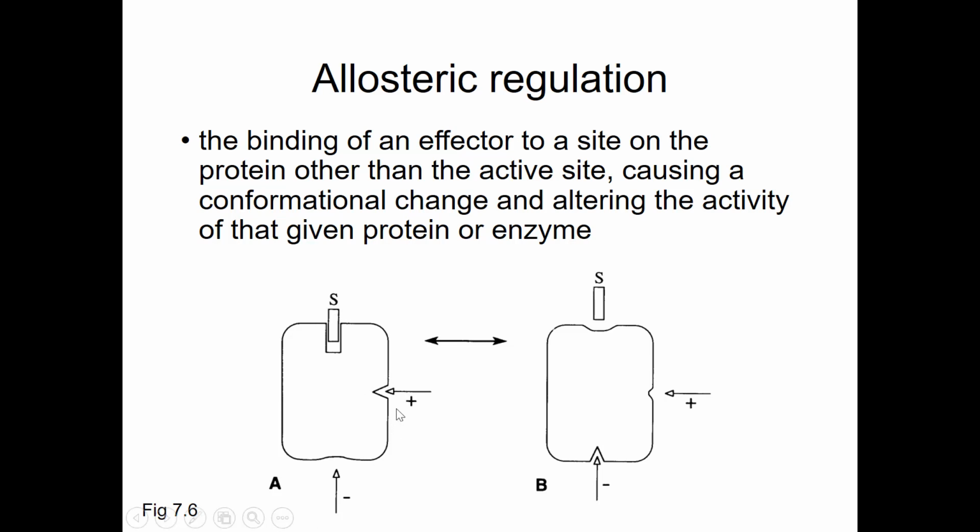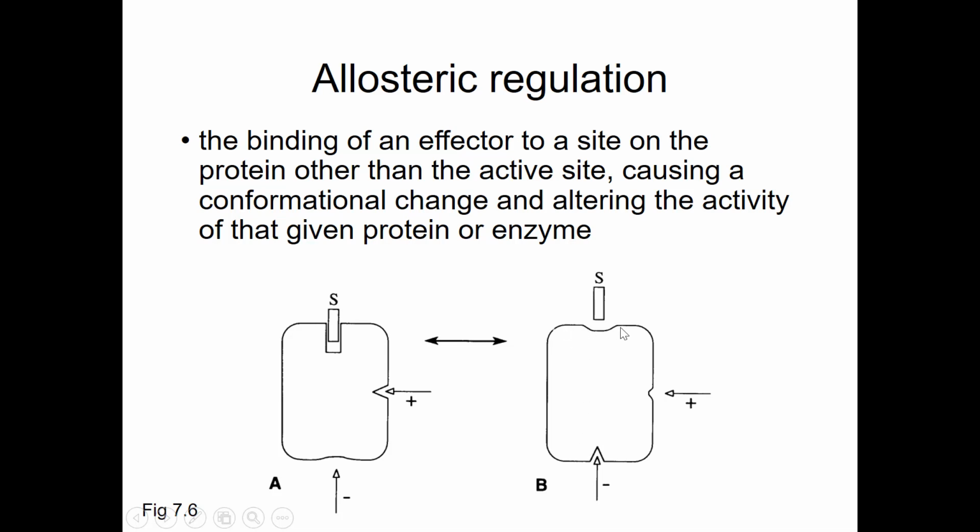Here you can see a positive effector is bound. So it is bound to a site that is not the active site. However, it causes the active site to be open, so now the substrate can bind. The substrate will then be converted into a product. However, this enzyme has both positive as well as negative regulators. So if a negative effector is bound, again, this is bound to a site that is not the active site, it causes a change in the active site.